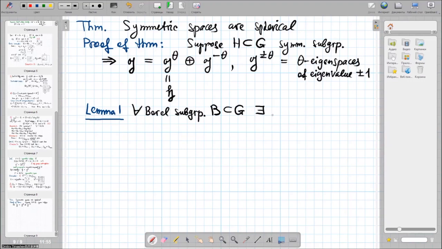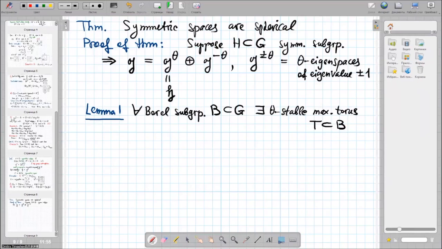So there exists a theta stable torus, which is preserved by theta, not pointwise fixed, but preserved by theta. A theta stable maximal torus contained in B. Any Borel subgroup in G contains a theta stable maximal torus.